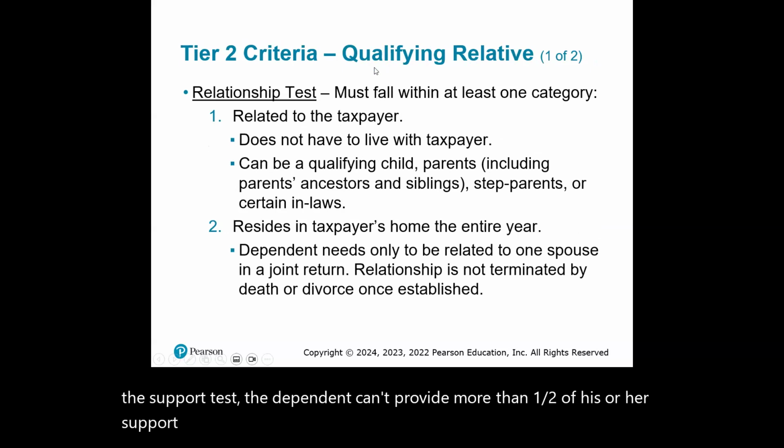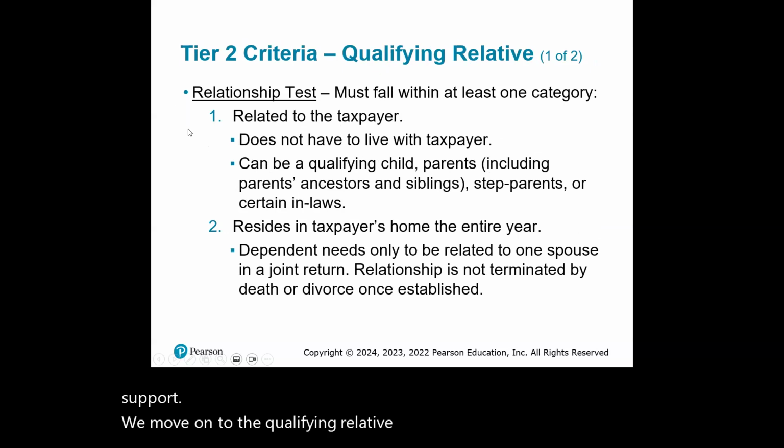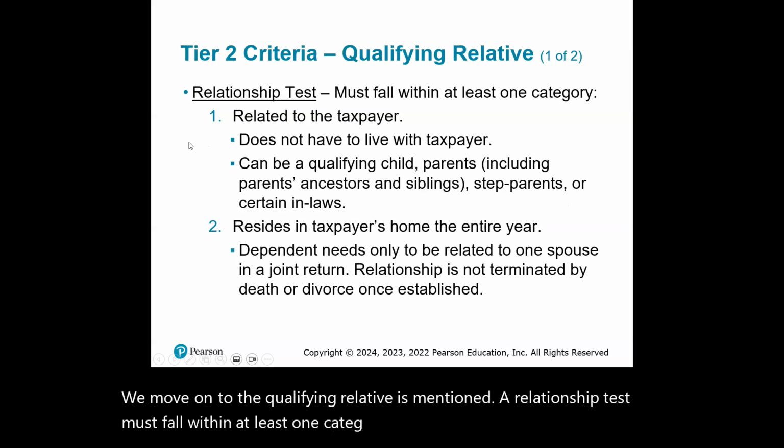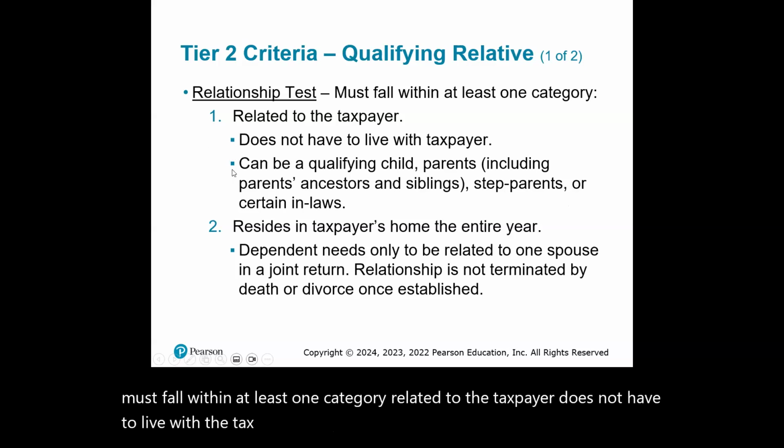And we move on to the qualifying relative. As mentioned, for the relationship test, they must fall within at least one category related to the taxpayer, and do not have to live with the taxpayer. It can be a qualifying child, parents, step parents, or in-laws.